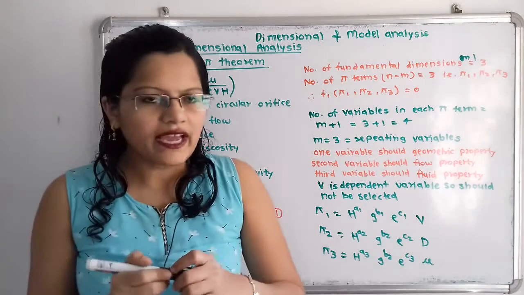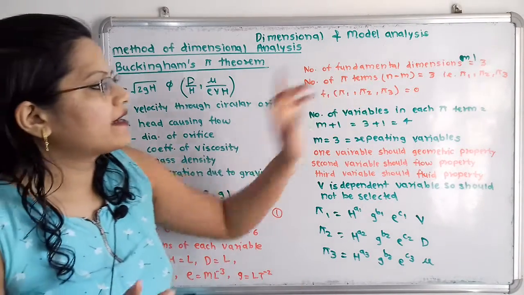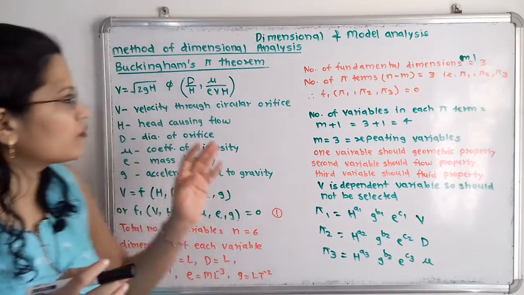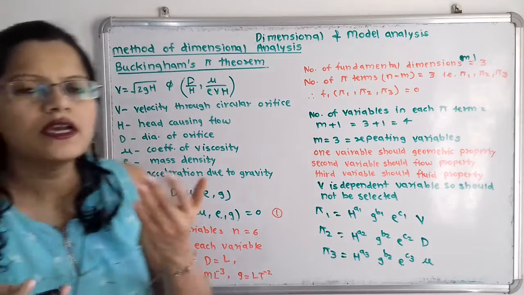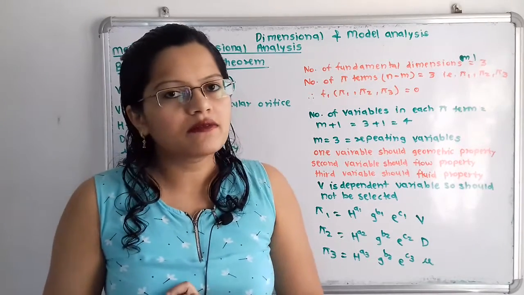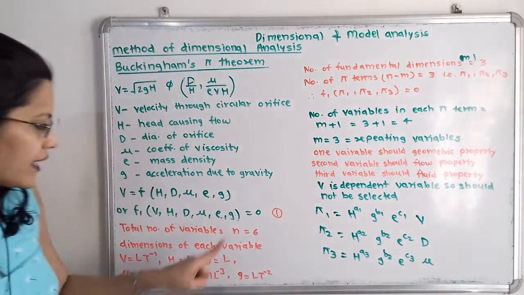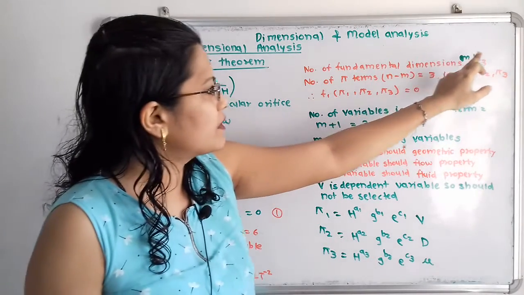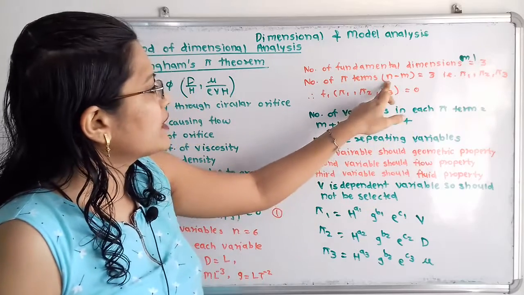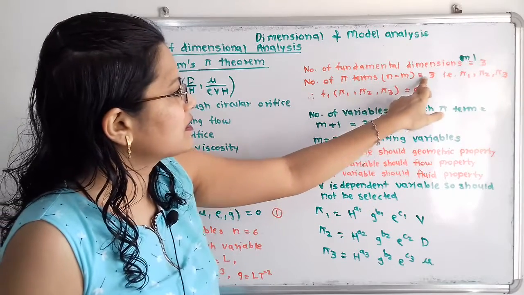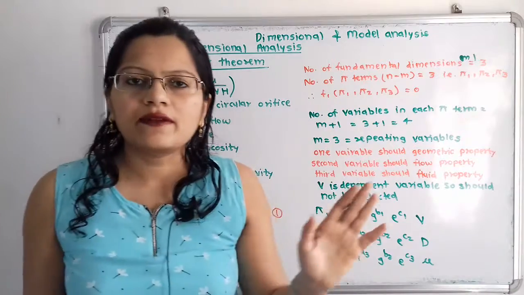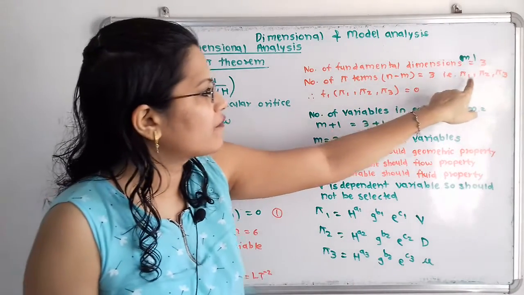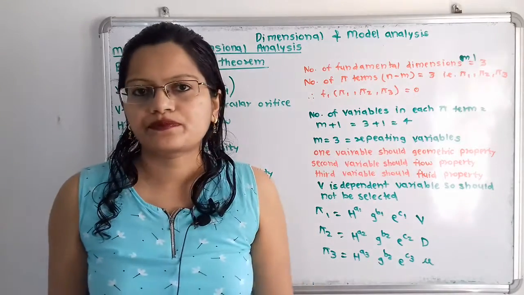Now we know the number of pi terms. Here we are going to use Buckingham's pi theorem. The number of pi terms is n minus m. n is equal to 6 and m is equal to 3, so 6 minus 3 is equal to 3. That means the number of pi terms is equal to 3, so we have to take pi 1, pi 2 and pi 3.